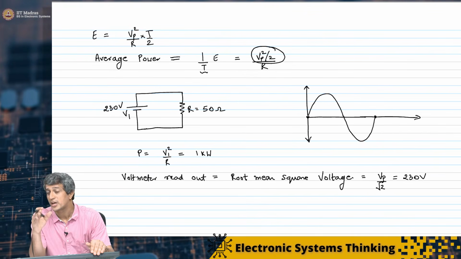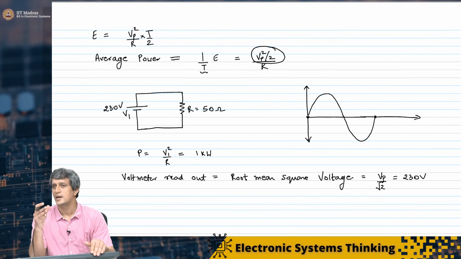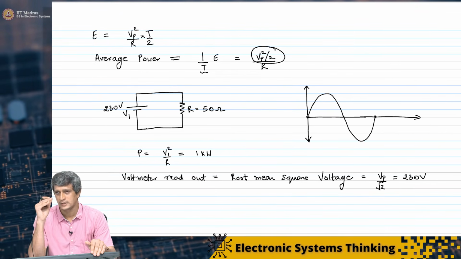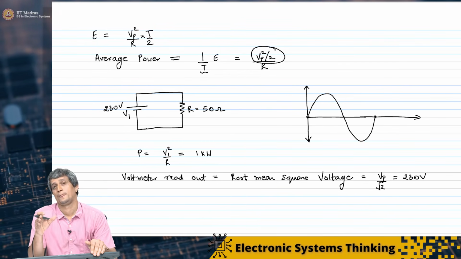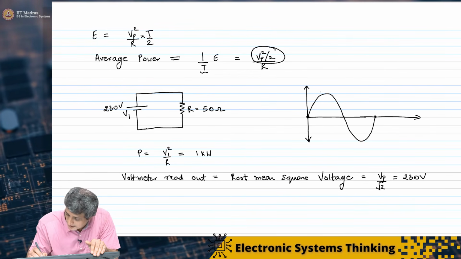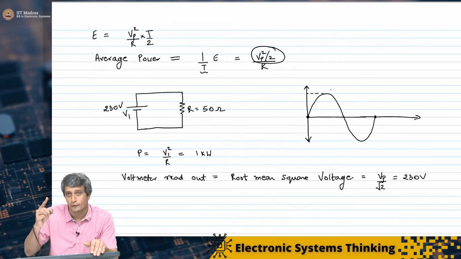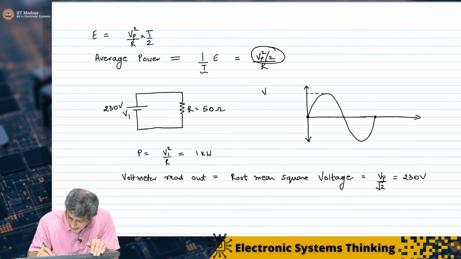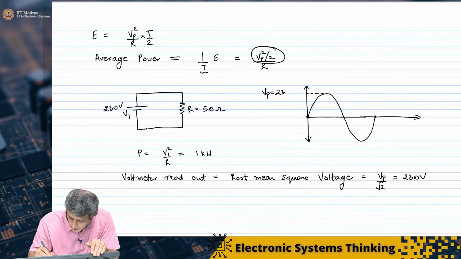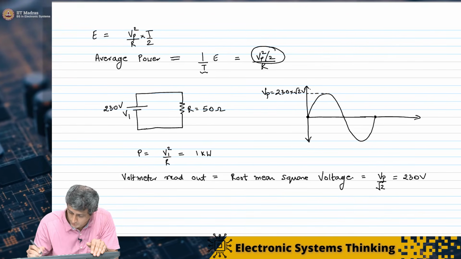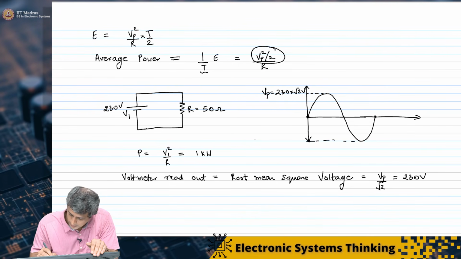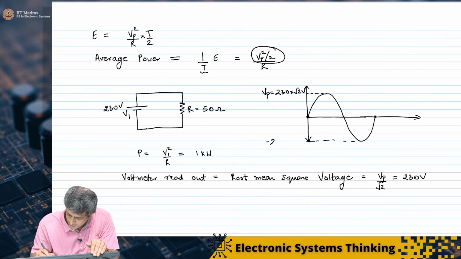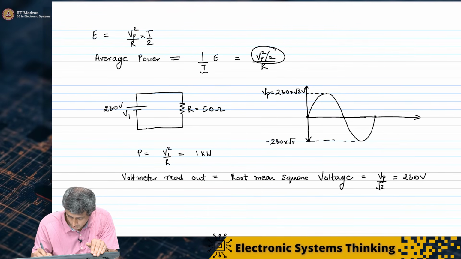It doesn't matter whether it's 1 hertz or 50 hertz, 1000 hertz, 1 megahertz, the average power is still the same. So the sine wave that is actually coming out of your supply at home is Vp equal to 230 into root 2 volts, and this is minus 230 into root 2 volts.